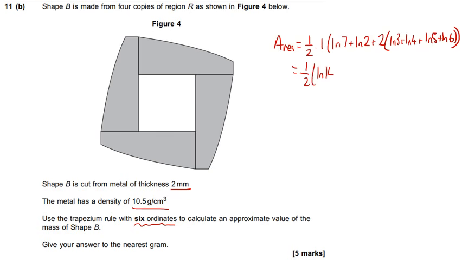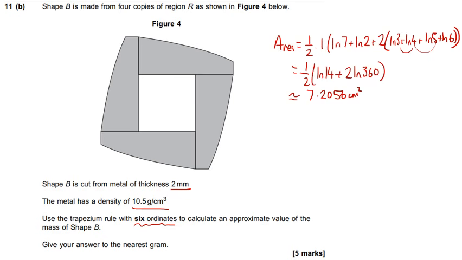Save yourself a little bit of time. So combine the two outside, ln14 like we had before, and then all the bits inside. So 3 times 4 is 12, times 5 is 60, times 6 is 360. And if we put that into our calculator, we find that the area of one of these shapes is 7.2056.